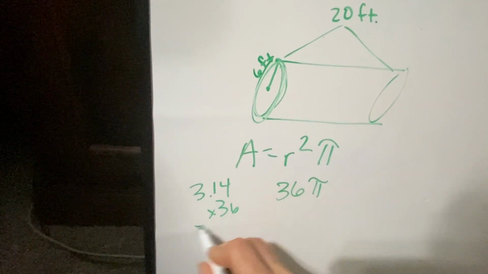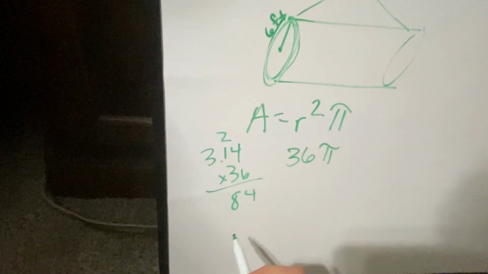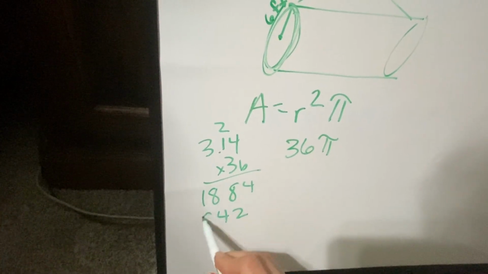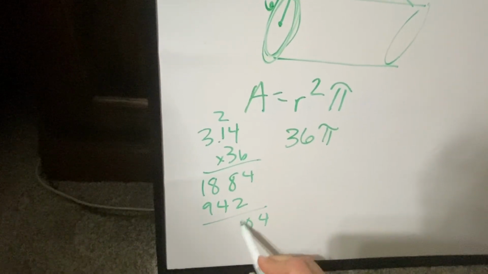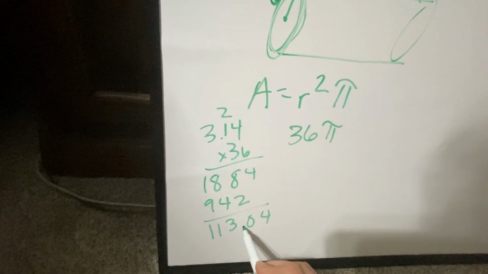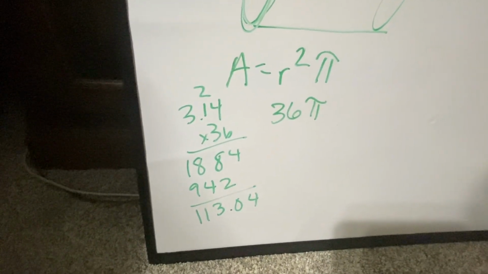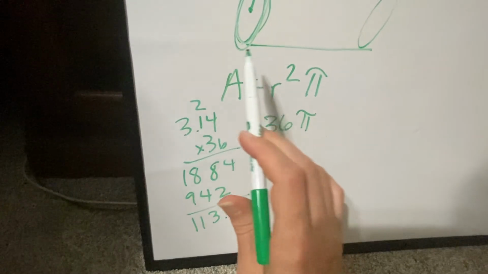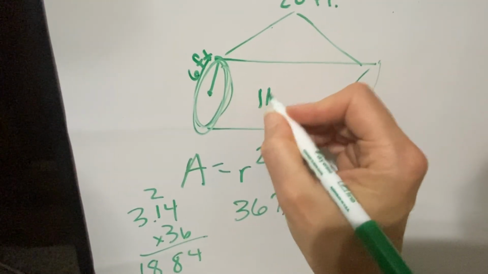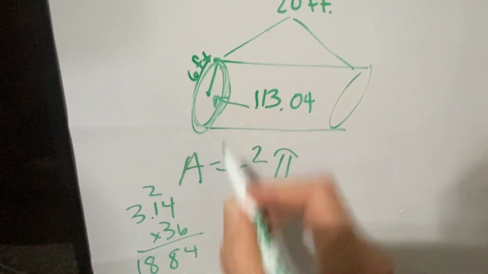Let's multiply this through here and work this through. Okay, so it should be 113 and 4 hundredths for the area there. So 113 and 4 hundredths is that area right there.